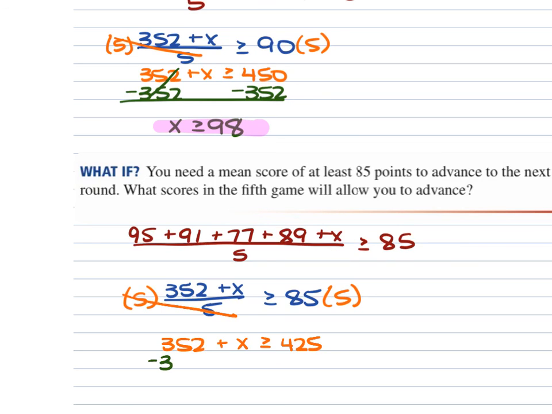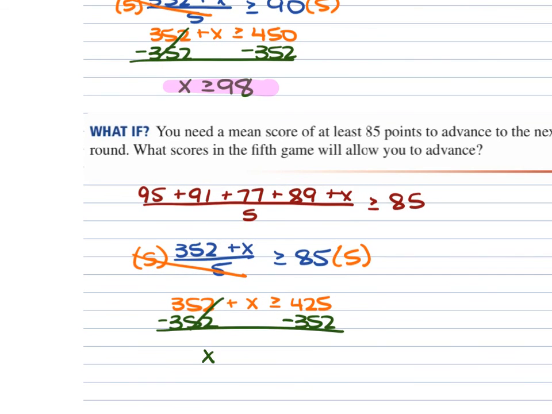And then we just subtract the 352 from each side to see what x has to be. So x has to be greater than or equal to 425 minus 352, which is 73.